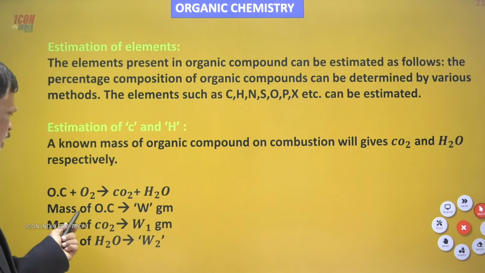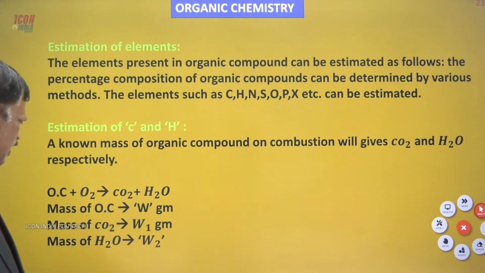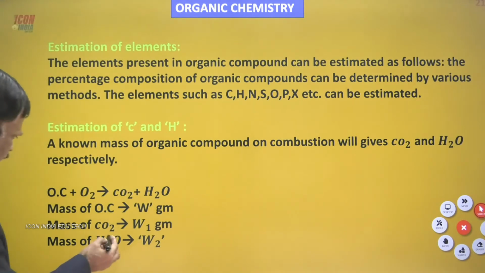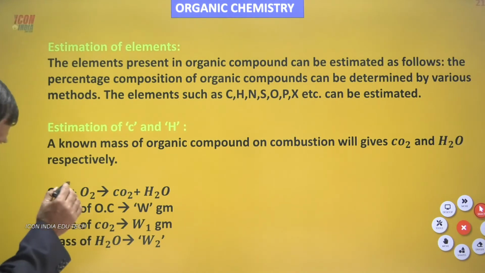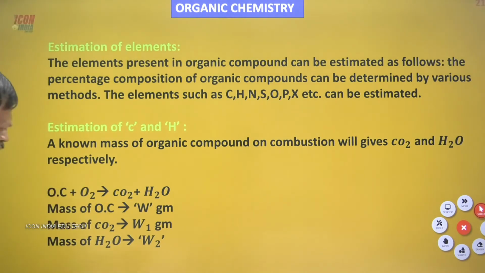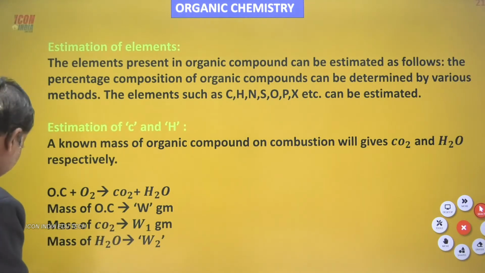So assume the mass of organic compound is W grams, mass of carbon dioxide W1 grams, mass of water W2 grams. From the mass of carbon dioxide we estimate the percentage of carbon, and from the mass of water we estimate the percentage of hydrogen.